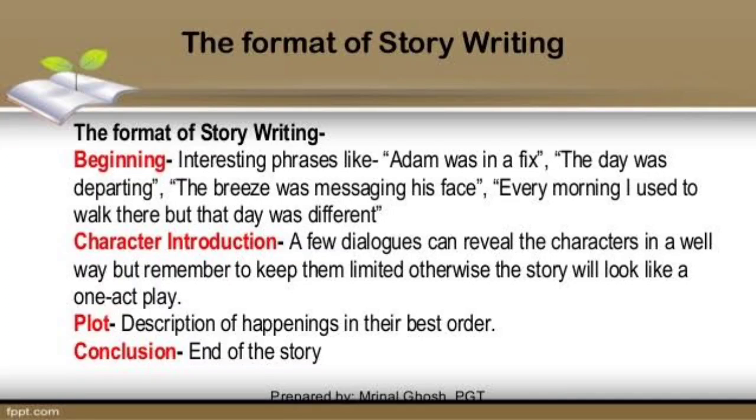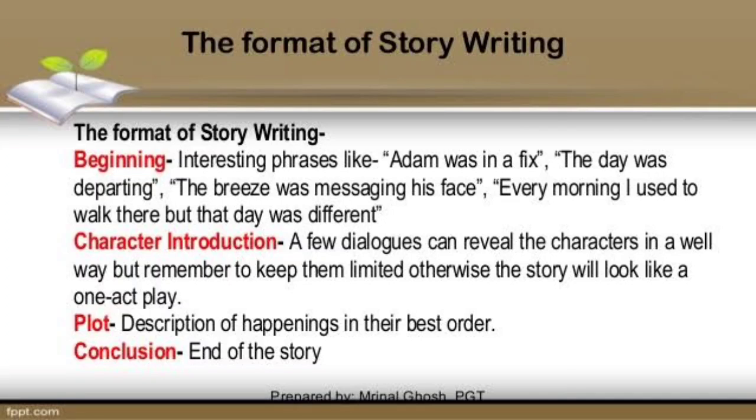The format of story writing: the first thing is the beginning. Here we have to open the story with interesting phrases like "Adam wasn't fixed," "the day was departing," "the breeze was massaging his face," "every morning he used to walk there, but that day was different." Such interesting phrases can be used in the beginning to start a story.